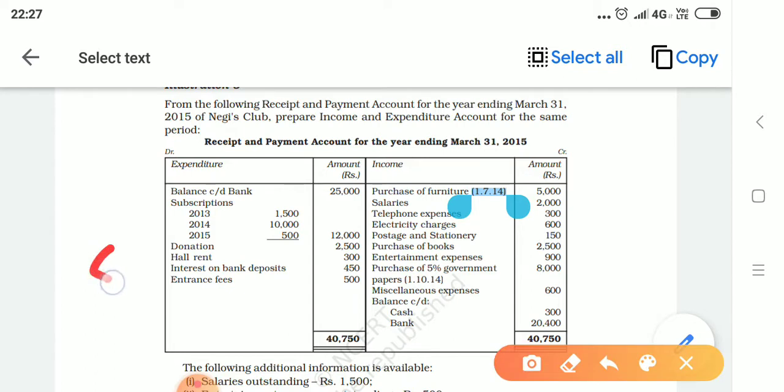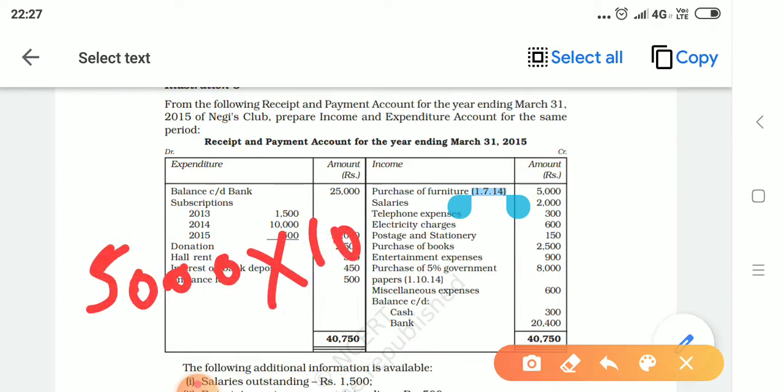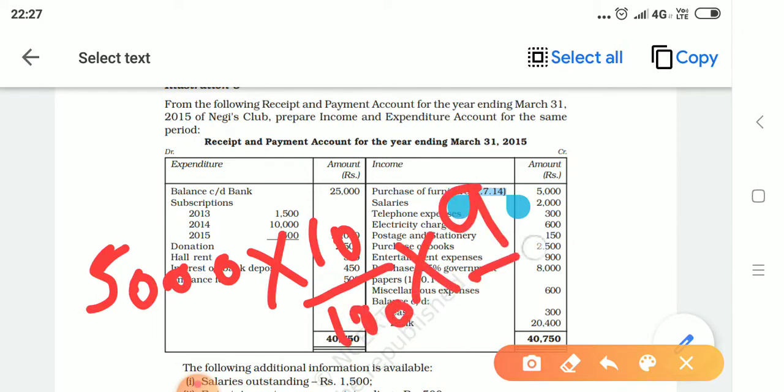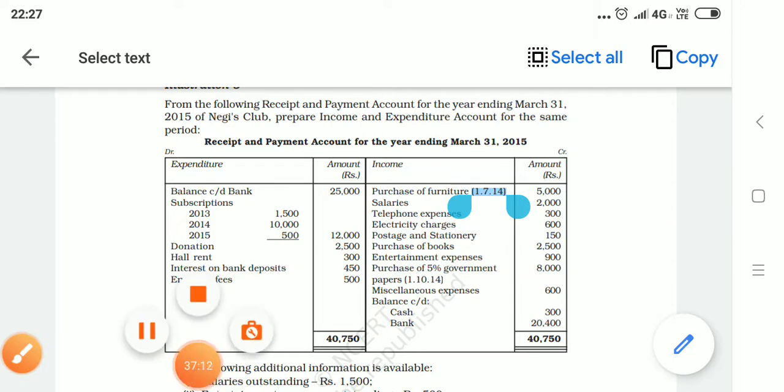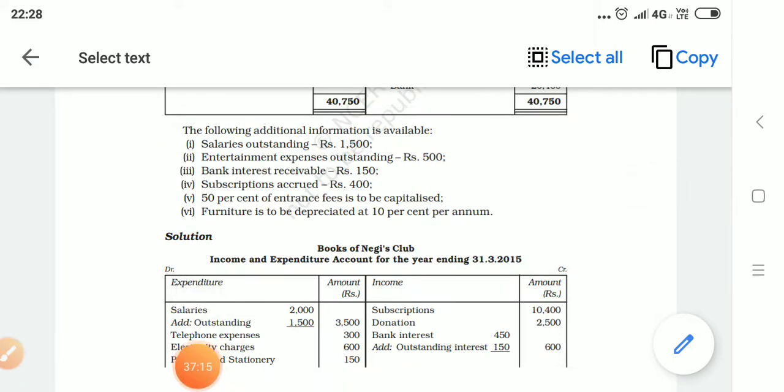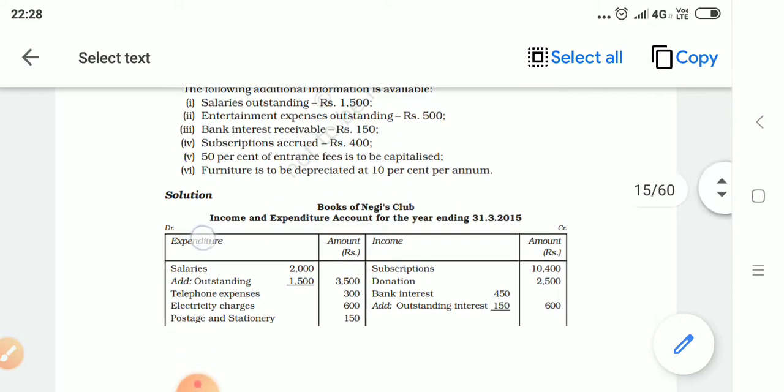So on 5,000 we have to calculate 10% depreciation for 9 months. Okay, this depreciation amount will appear in the expenditure side, and the same depreciation amount has to be subtracted from the respective asset, furniture, in the asset side. So the same depreciation will be subtracted from the respective furniture account in the asset side of the balance sheet. Okay, students.